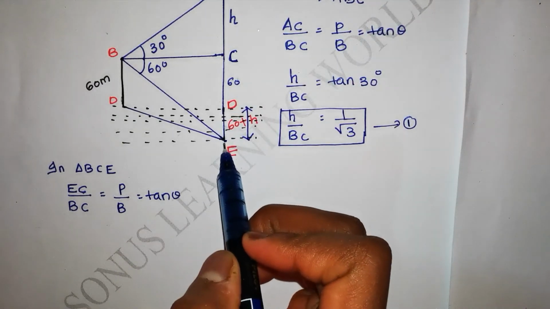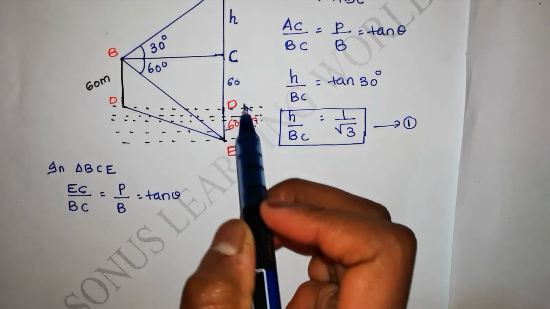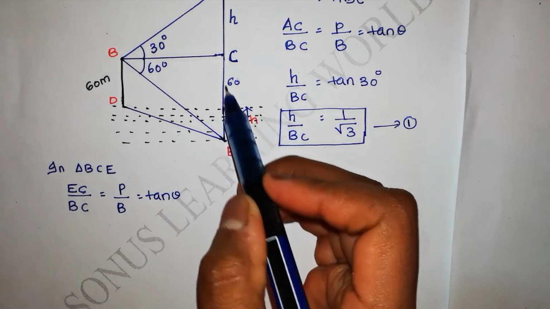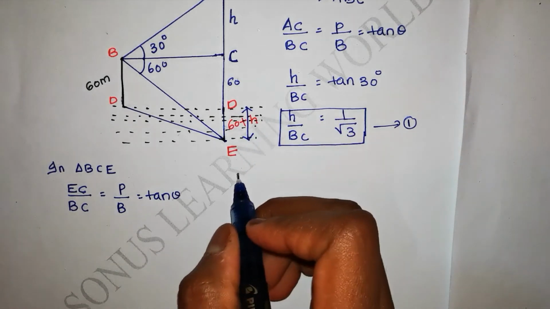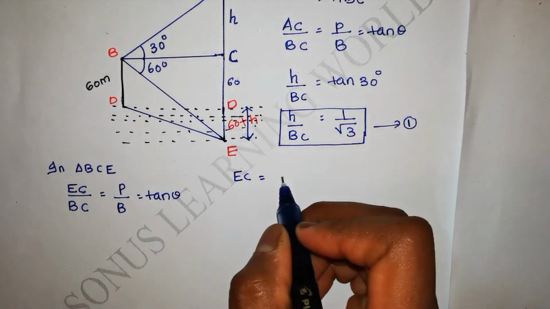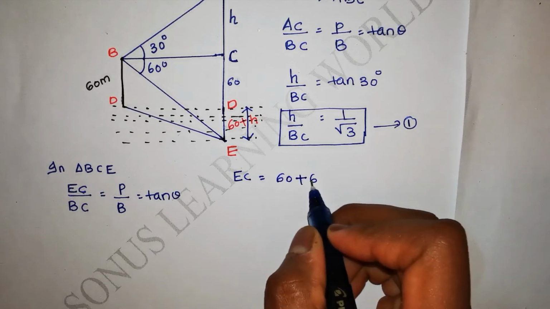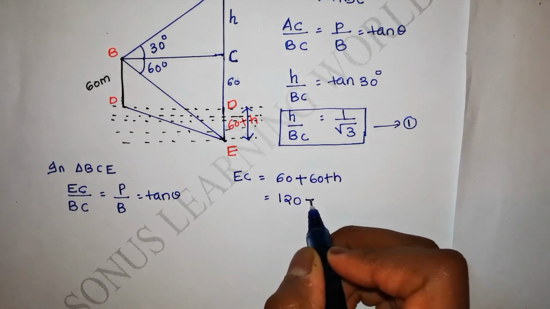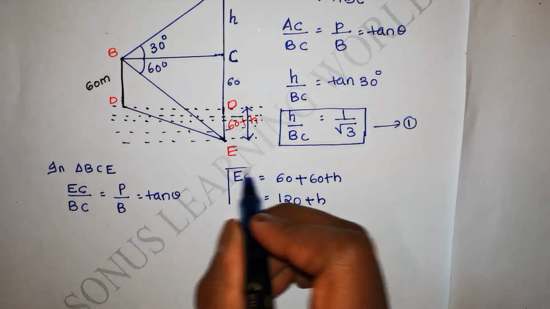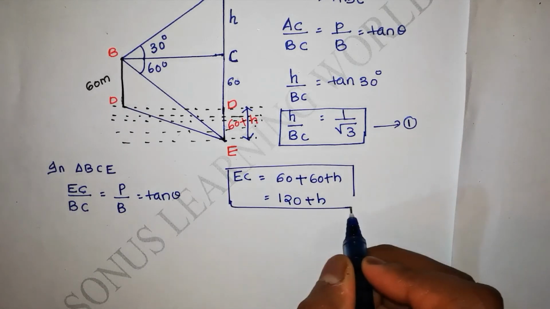So this much is 60 plus H and this is 60. So EC is equal to 60 plus H plus 60, that is equal to 120 plus H.